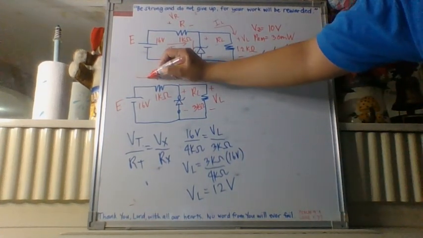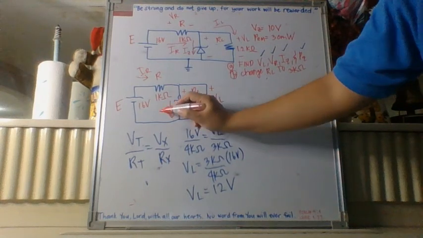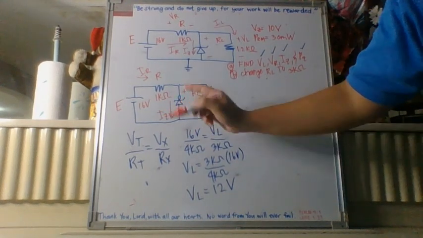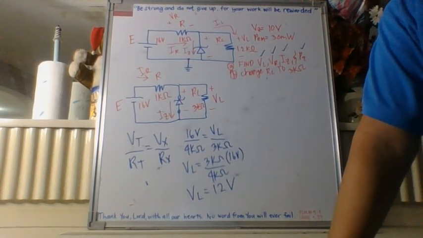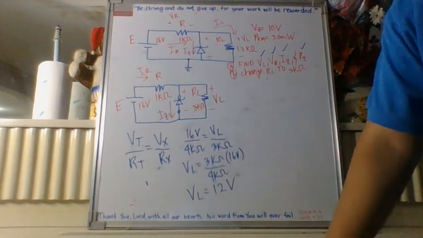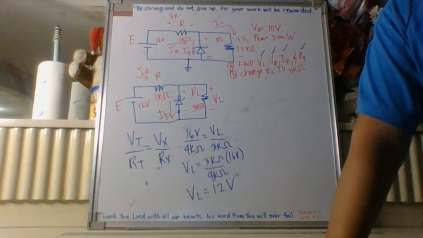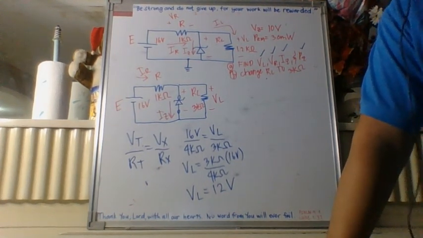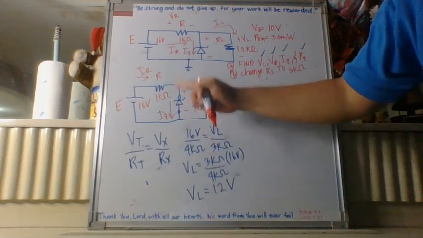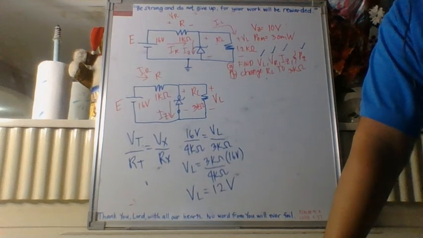So we have here I sub R. We have here I sub Z. As you notice, ang movement or direction ng ating Zener current is from cathode to anode. Wherein kapag regular semiconductor diode or regular PN junction diodes, ang movement ng kuryente or direction ay from anode to cathode because it's used in the forward bias condition.